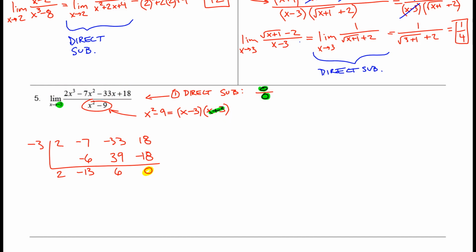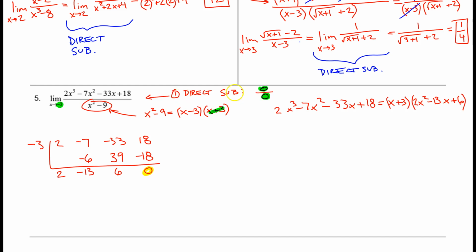So what does that mean for us? That means that 2x cubed minus 7x squared minus 33x plus 18 is equal to x plus 3 times quantity 2x squared minus 13x plus 6. Okay, so that's great.